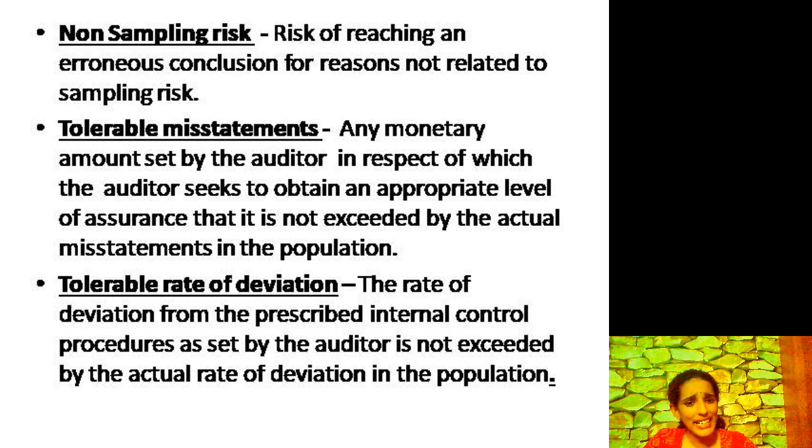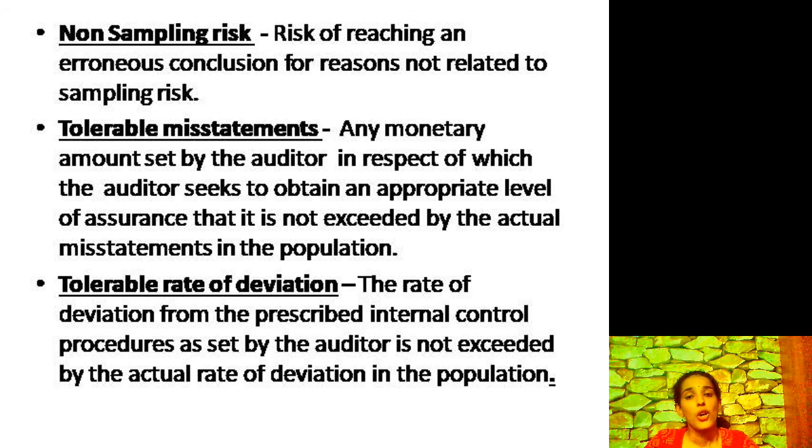Any risk that gives rise to a wrong or erroneous conclusion, and is not related to sample size or sampling risk, is called a non-sampling risk. It has nothing to do with the sample size or sample selection.